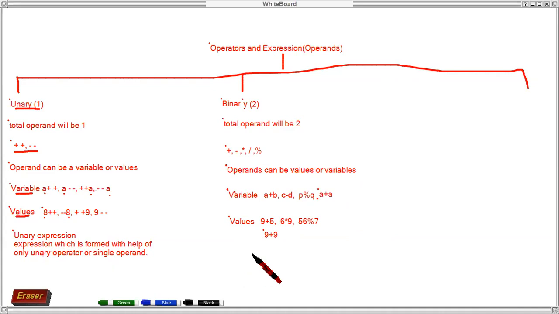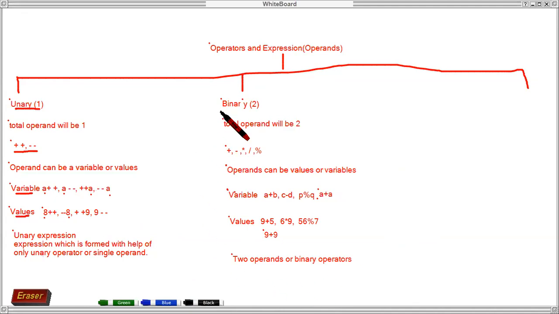Binary expressions are those expressions where you can have two operands or binary operators. So this is basically the outlook of binary expressions.